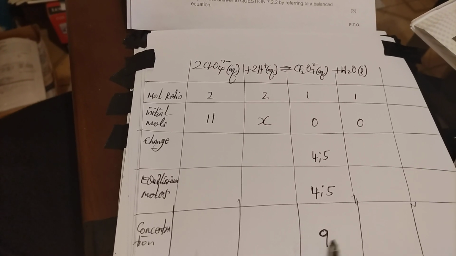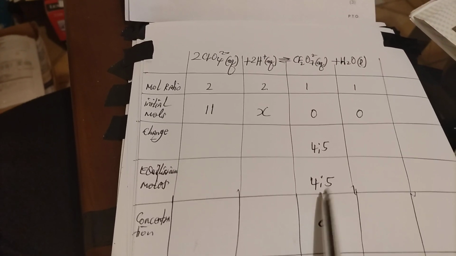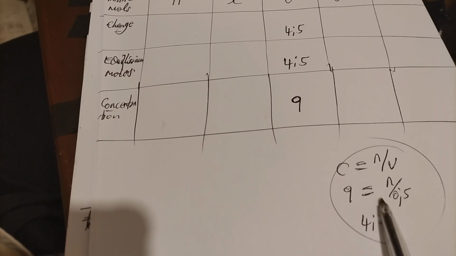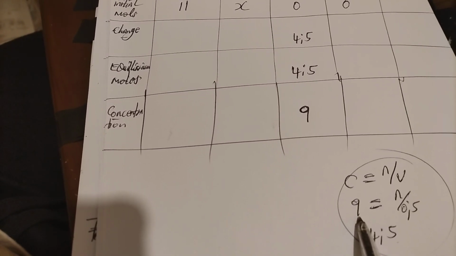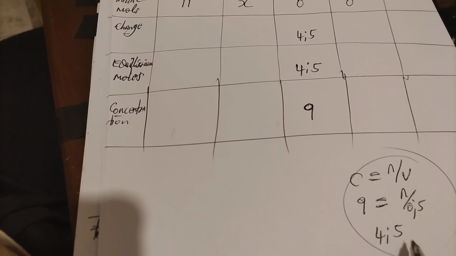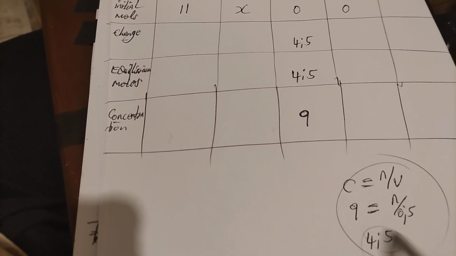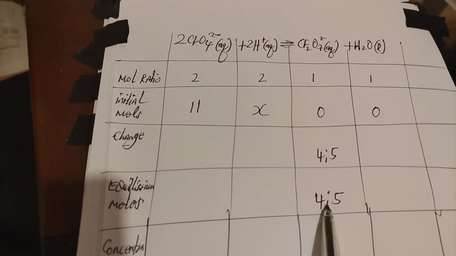Now we need to convert this 9 because we need moles at equilibrium for this. So what I've done is I've actually applied the equation C is equal to N over V, and then it's 9, substitute 9, and then it's N over 0.5, which is the volume. When you multiply those two, you are actually getting 4.5, which is now substituted in the table.